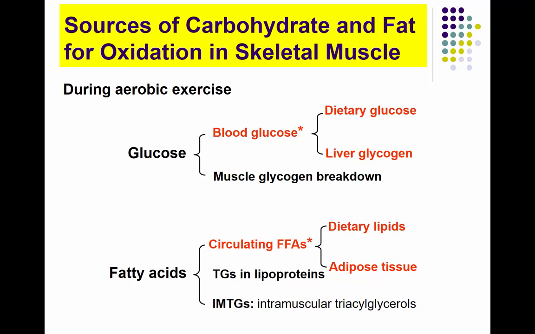During aerobic exercise, which type of fibers are involved? 1 and 2A, yes. 1 and 2A, right, are involved in aerobic exercise. And glucose and fatty acids are used for ATP production.